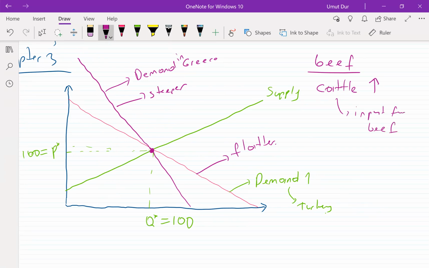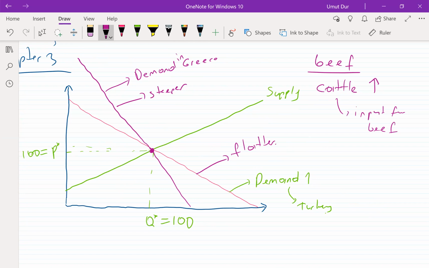In our second class, when we talked about supply, we said that when the price of the input changes, what happens to the supply curve?